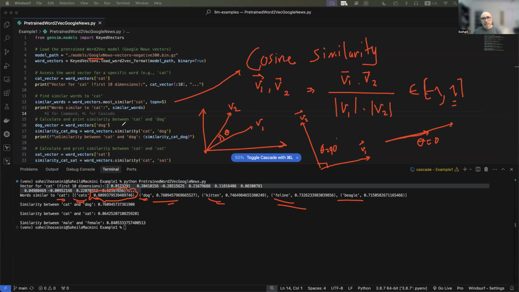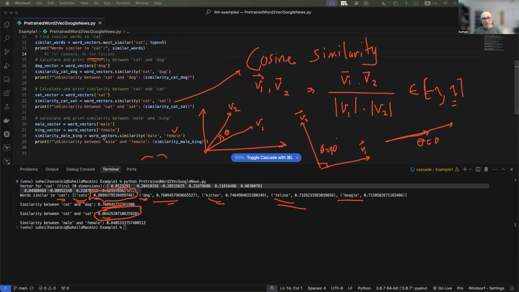And in here, we calculate the cosine similarity between cat and dog. We'll see that it's 0.76. And if I look at the cosine similarity between cat and sat, we'll see that this number is very small. I also checked the cosine similarity between female and male, and we see that this value is 84%.